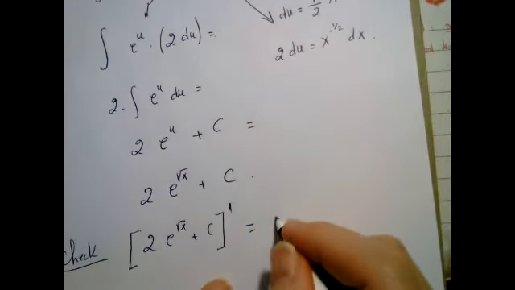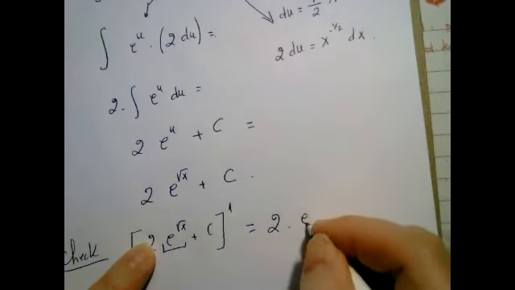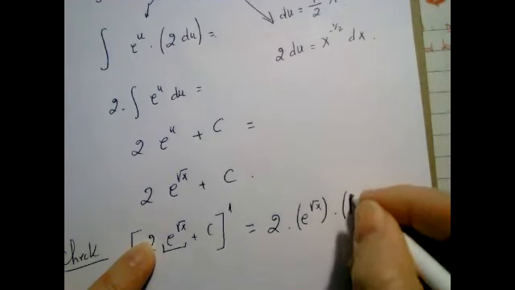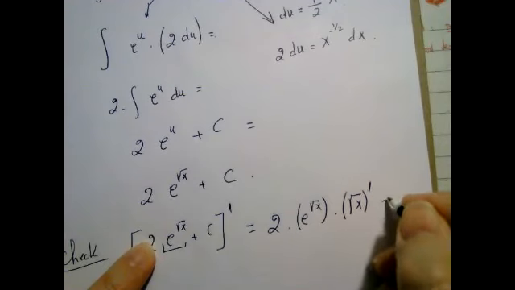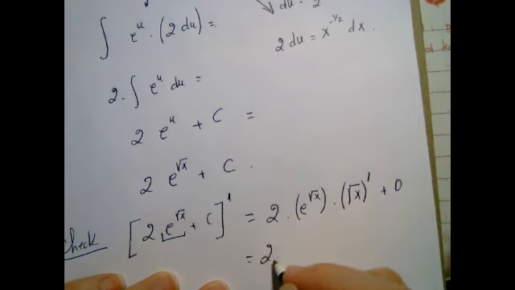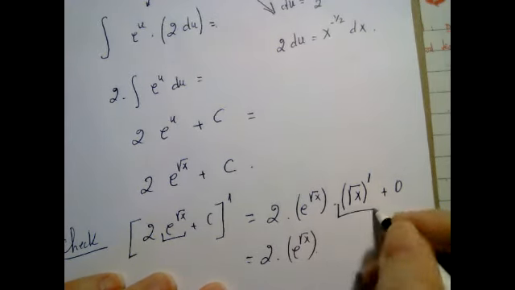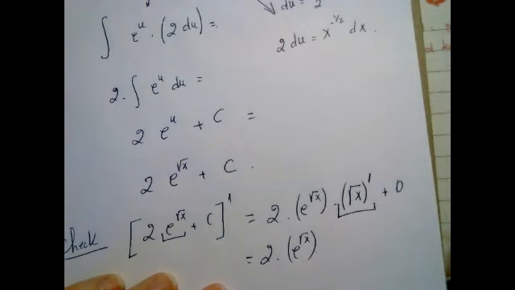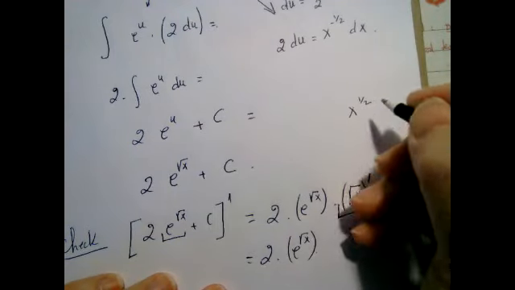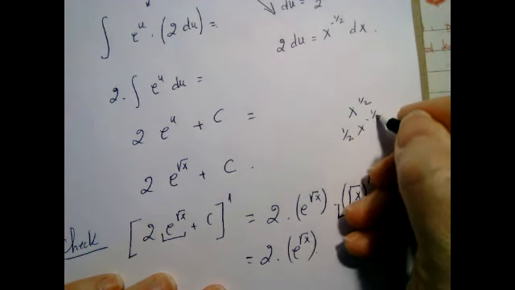The derivative equals 2 times the derivative of e to the root x, which is the derivative of the outside evaluated at the inside, times the derivative of the inside, plus 0. So 2 times e to the root x times the derivative of the square root of x. We did it a minute ago: square root of x is x to the half, and the derivative is a half x to the half minus 1.